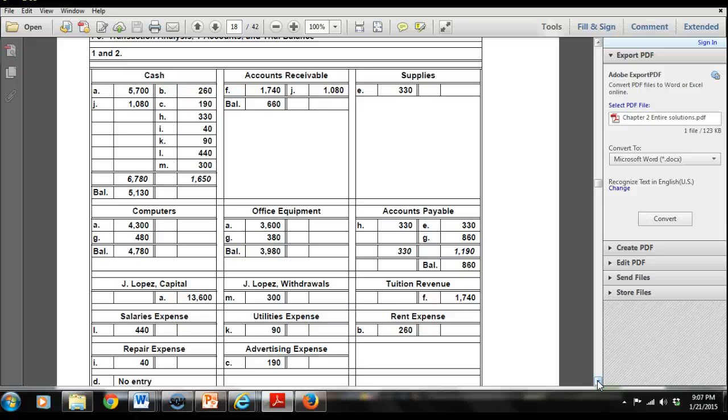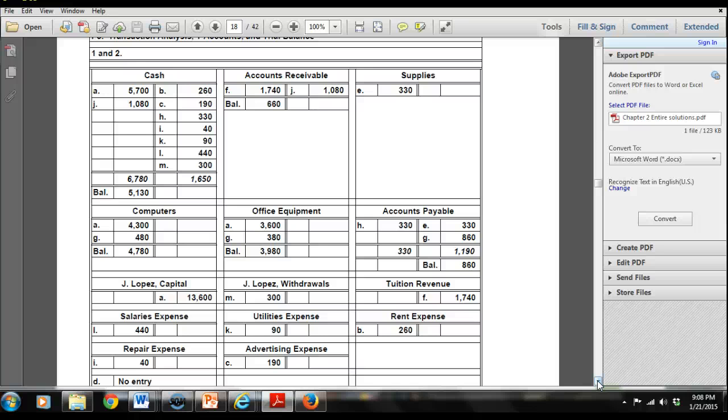Next to the right, your accounts receivable should have an F of $1,740, and the credit is J of 1,080 for a balance of 660. Why would you put the balance on numbers? Oh, because it's still credit.